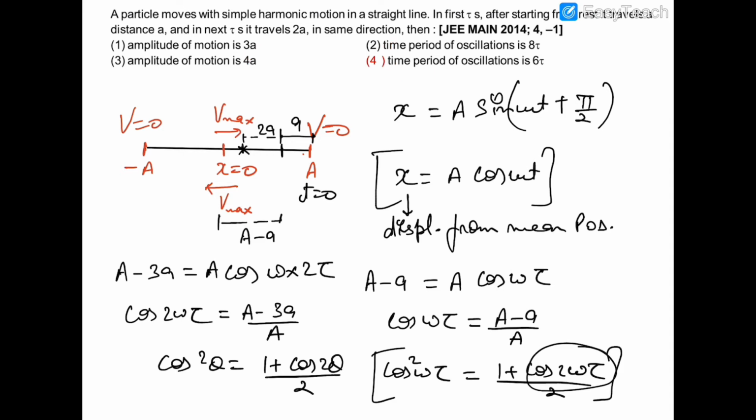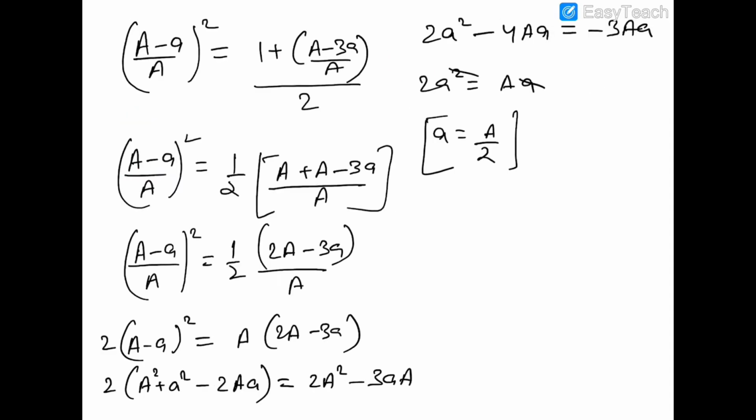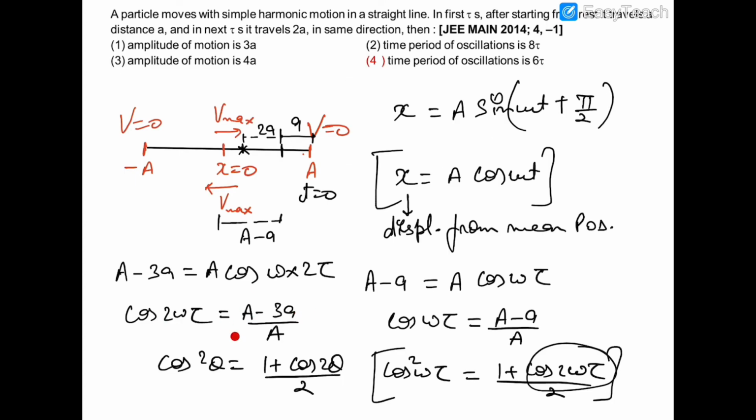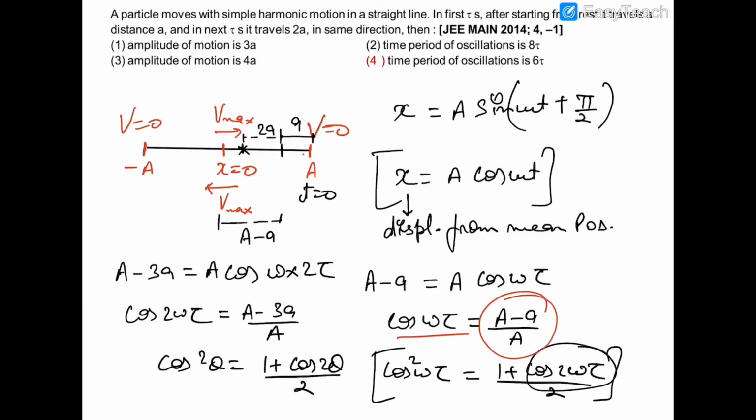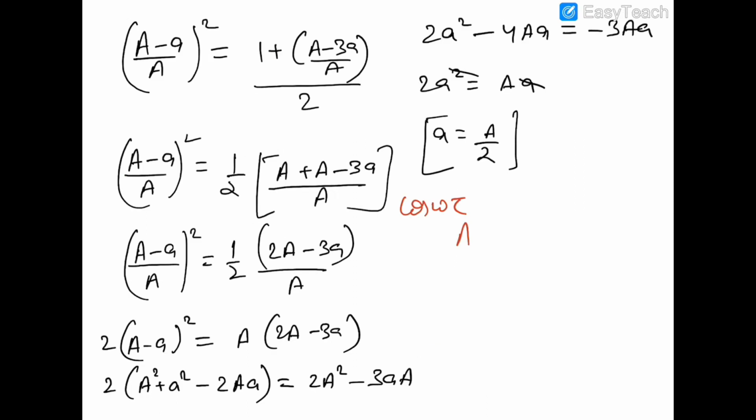So therefore the time period of the oscillation. If we have to find out the time period, then we can find out omega. So we can substitute this value in this equation. So you can see that cos omega tau is equal to A minus a by A. So capital A is equal to 2a, so this is 2a minus a by 2a.